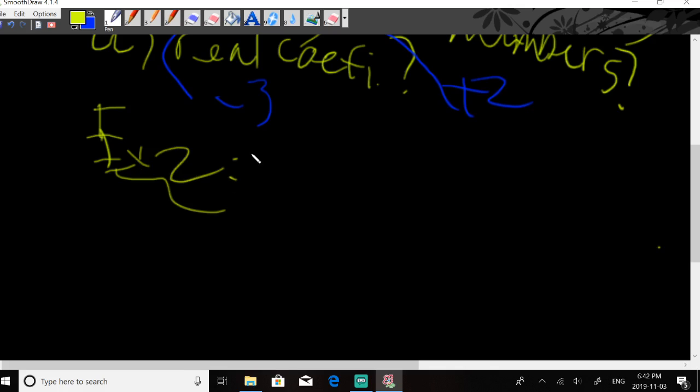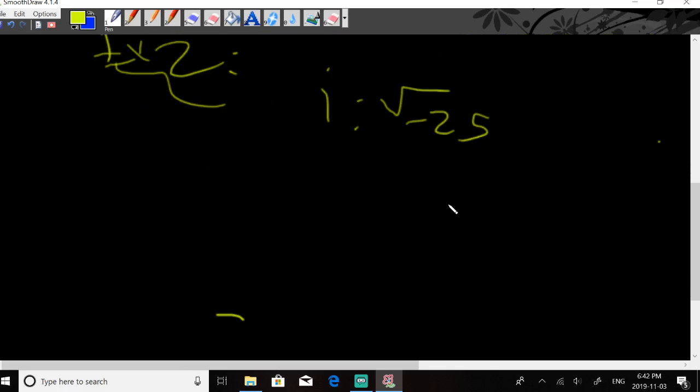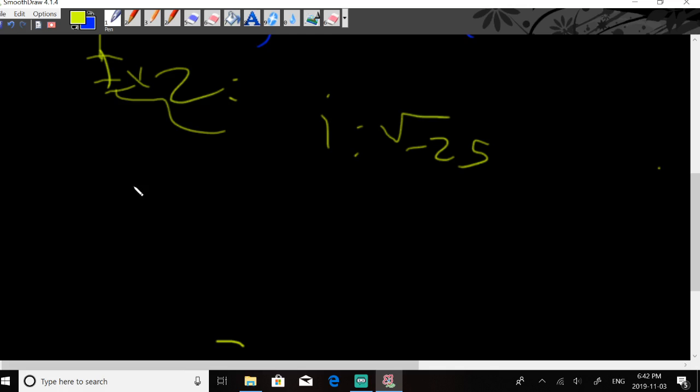Example 2. Express the following in terms of i: the square root of -25. What do you think? I think it is equal to the square root of 25 times i, which equals 5i.